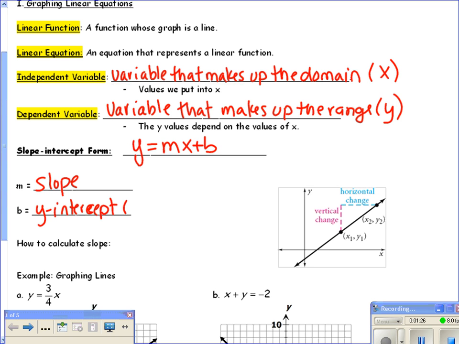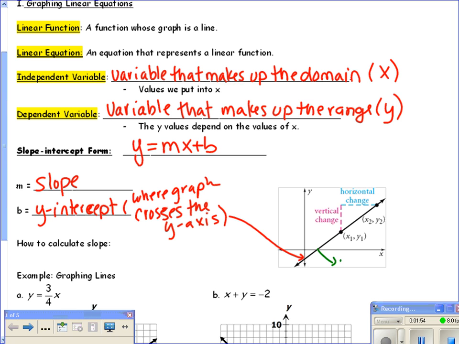So it's the y-intercept, and again, the y-intercept is where the graph crosses the y-axis, hence that's why it's called the y-intercept. So this right here would be the y-intercept. This right here would be the x-intercept, because that's where it crosses the x-axis.